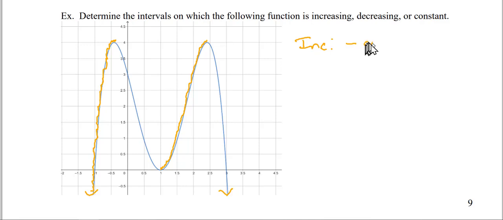So we're going to say negative infinity until, okay, what is that x value? We're approximating here. It seems like it's a little bit to the right of negative 0.5, so maybe negative 0.4 here. Going up a little from there to that peak there, maybe 1. Okay, and then we're increasing again from 1 to that peak.